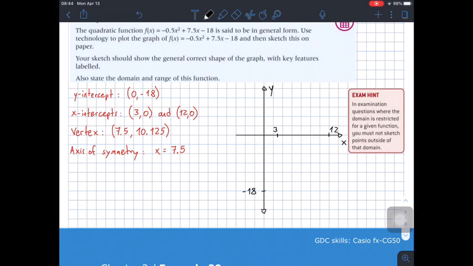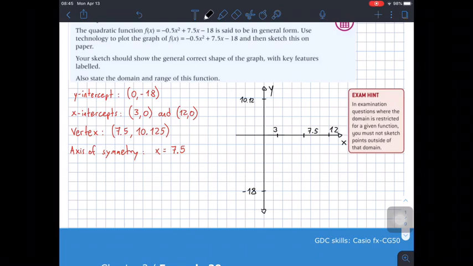I'm identifying this. Then the vertex is at 7.5. 7.5 is always the midpoint between 3 and 12, or between those two x-coordinates, x-intercepts, sorry. So 7.5 would be maybe somewhere around here, 7.5, and 10.125, which corresponds to the y-coordinate of the vertex, I could say it's somewhere around here.